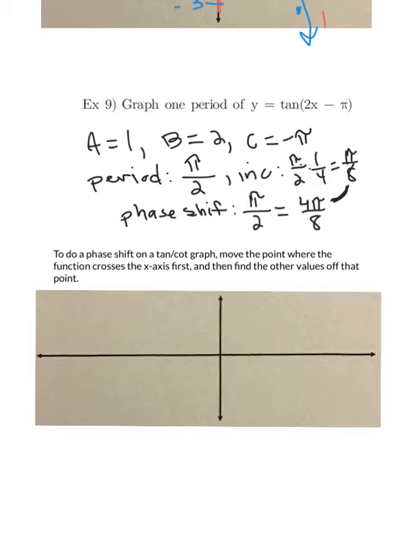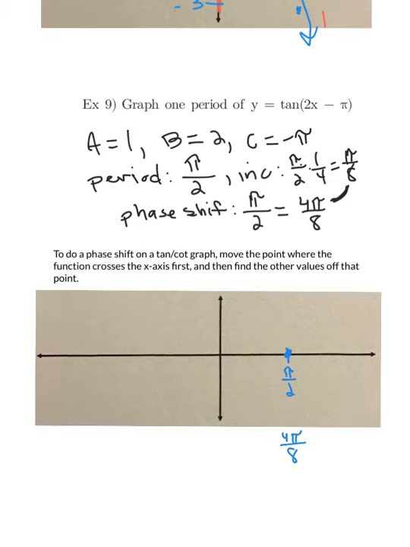So instead of crossing at 0, this function, because of the phase shift, will now cross at pi over 2. So there's our 0 point. I'm going to put the common denominator version of that down below, 4 pi over 8. Our increments are pi over 8. Remember, we need 2 marks on each side of this 0 value.